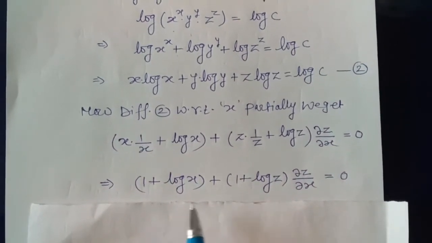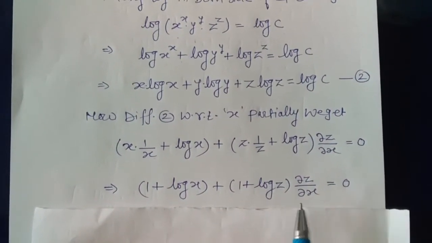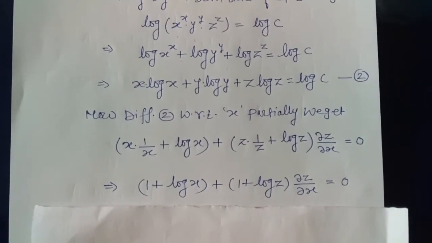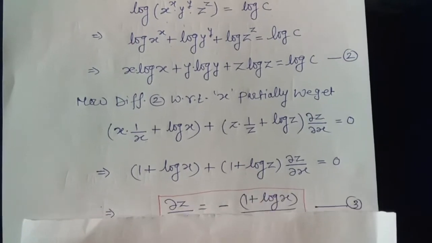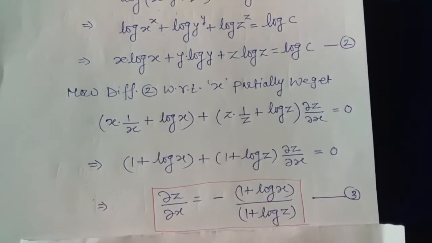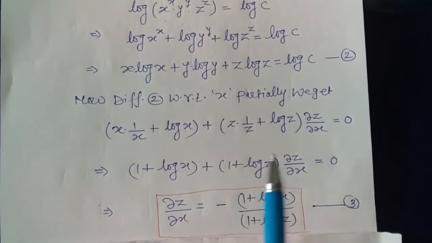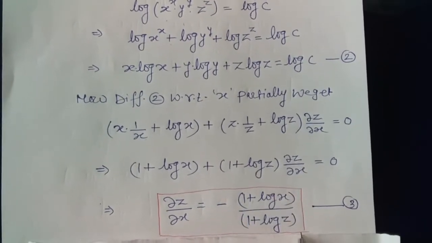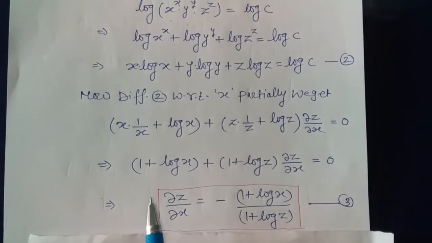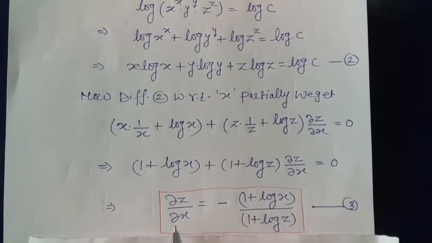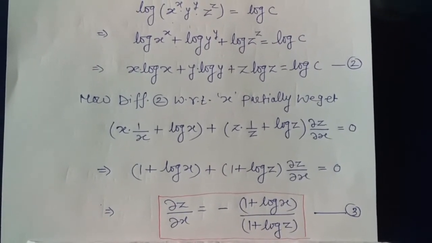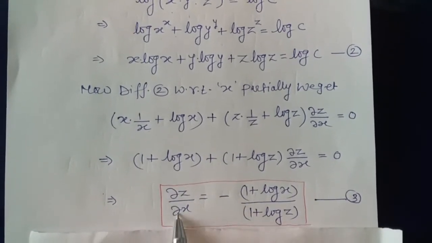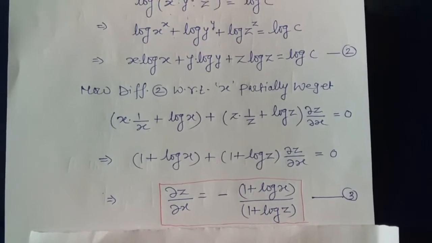Now from this expression we find the value of ∂z/∂x, the partial derivative of z with respect to x, which is ∂z/∂x = −(1 + log x)/(1 + log z). So this is the partial derivative of z with respect to x, and we have to find the second order partial derivative of z with respect to x and y.